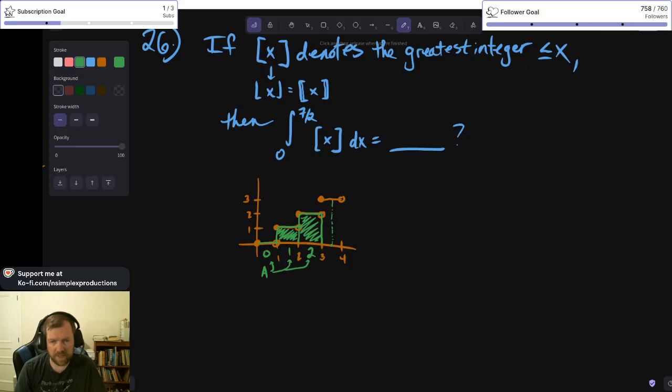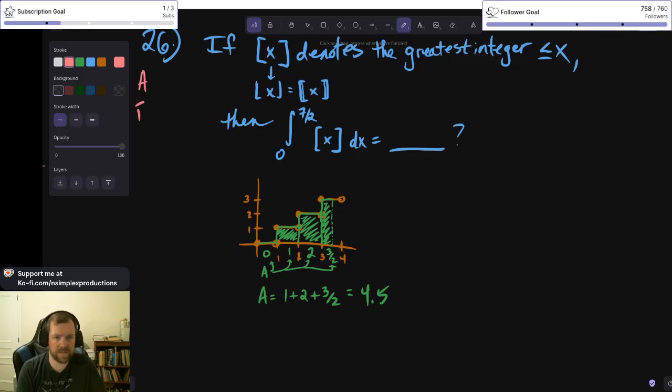So we're going to go up like this, come across there, and down like that. This is now going to be a 3 by a half. So that is going to have an area of 3 halves. Right, so now 1 plus 2 plus 3 halves is going to be 3 and 1.5, or 4.5.